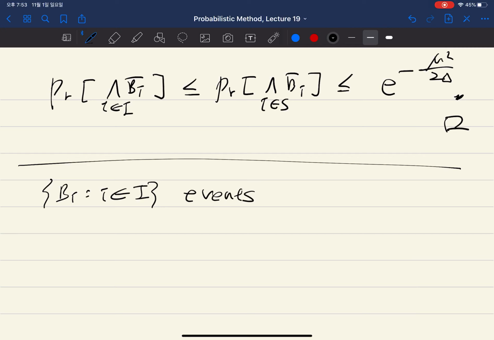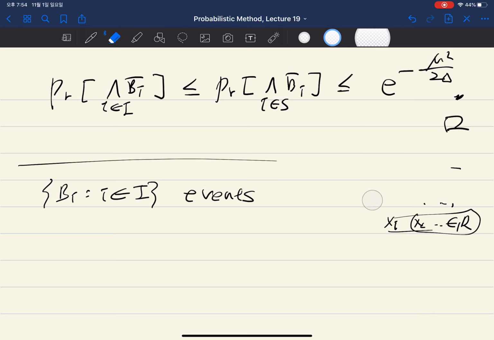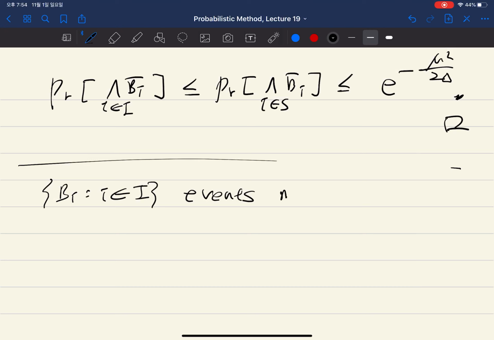But we don't know whether each B_i consists of some combination, so A_i is say some x_1 to x_k, then this B_i is x_1, x_2, each of them in R, independent events, and it's the intersection of these independent events. So assume that we don't know that. We only know that they are monotonically increasing.